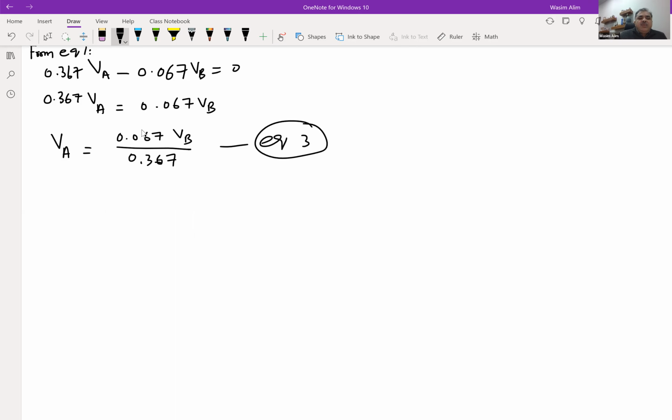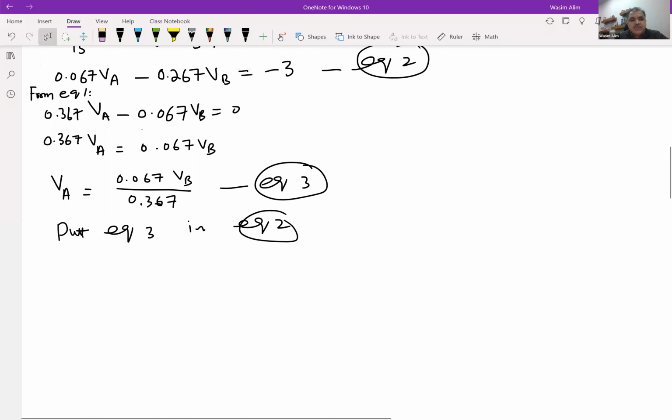Now what we can do is put equation 3 in equation number 2 and solve for the unknown quantity.